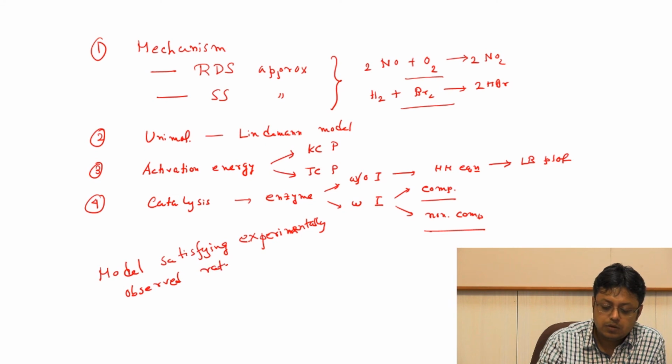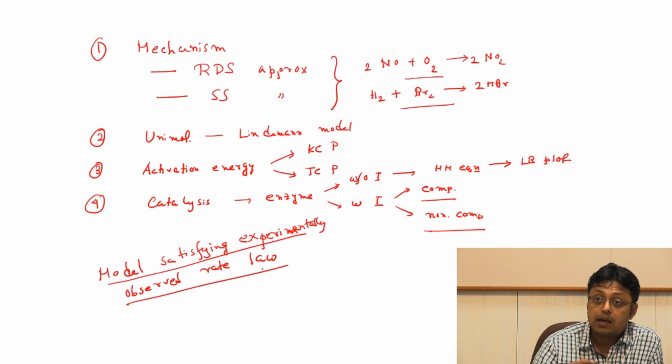That is known as a mechanism, and you can actually have multiple mechanisms for the same reaction. And once you have proposed the mechanism, you also have to verify that this mechanism is correct by trapping the intermediates that we briefly discussed.